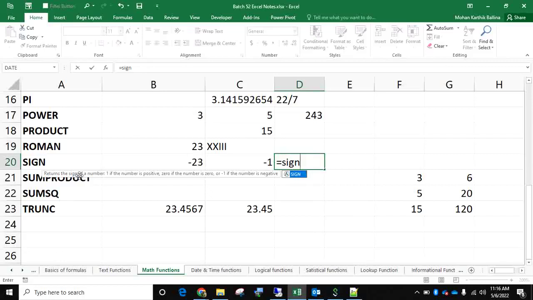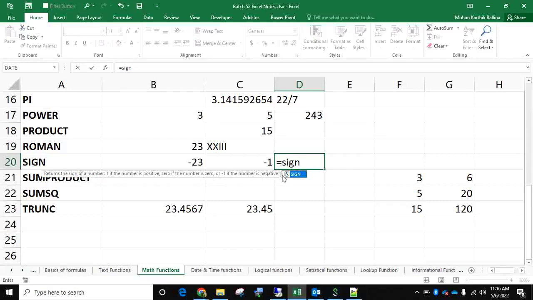And SIGN. Always focus on two areas: one, what you need to give as input, and what is your output. These two areas you need to focus on. So SIGN returns the sign of a number: 1 if the number is positive, 0 if the number is 0, -1 if the number is negative.